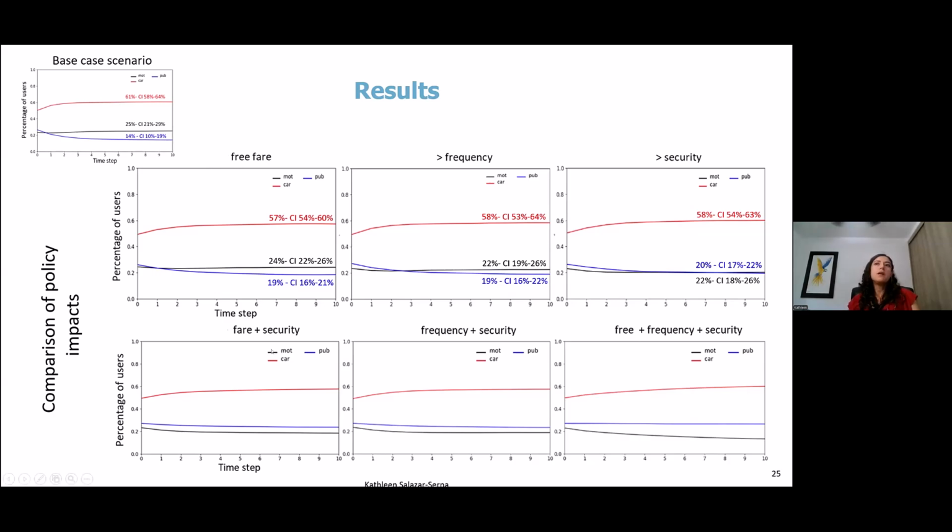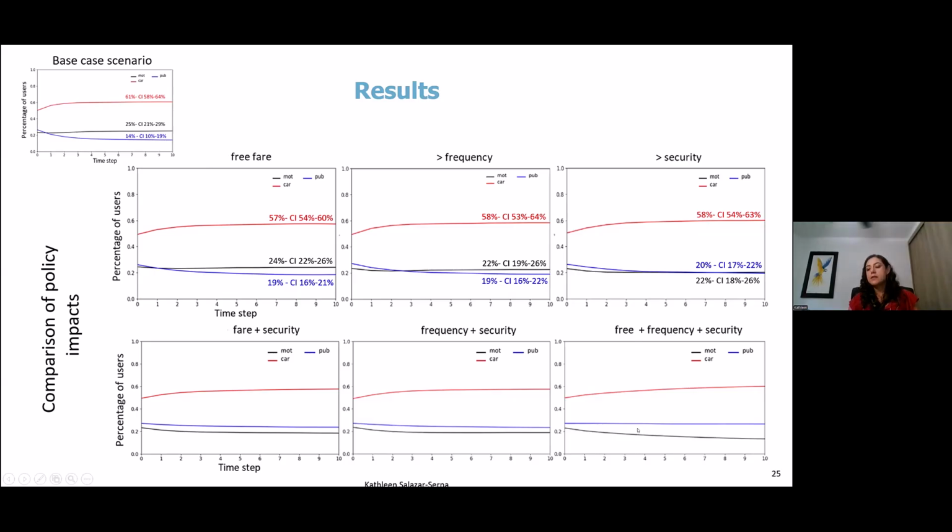And we found that some of them have better impacts in keeping people, or avoiding that they migrate, from public transit to the private options. And then we started combining some of these interventions and found that some of them were more effective to keep people using public transit.